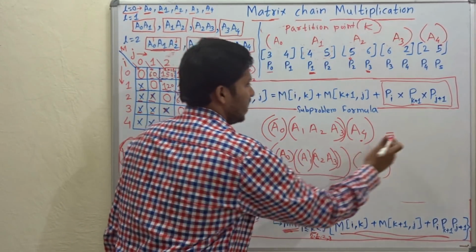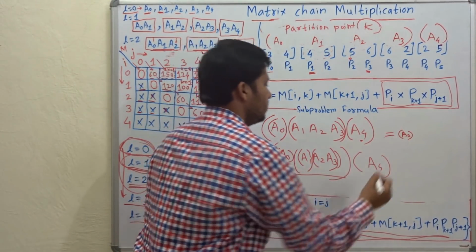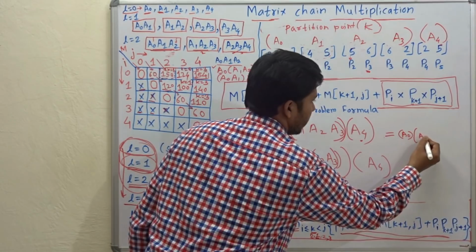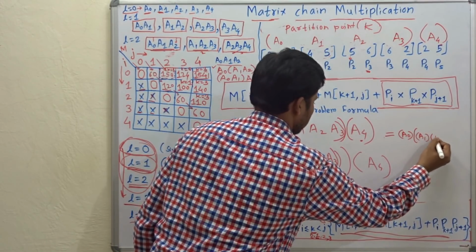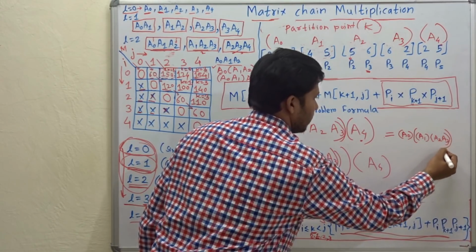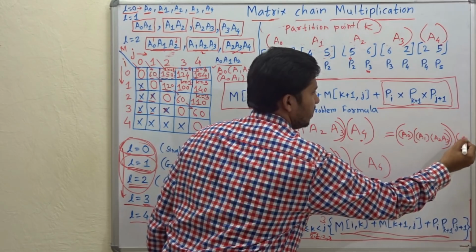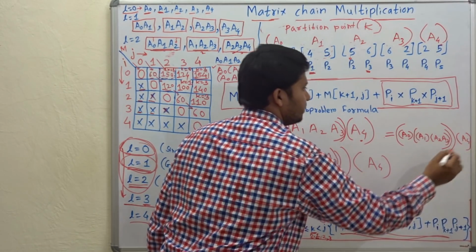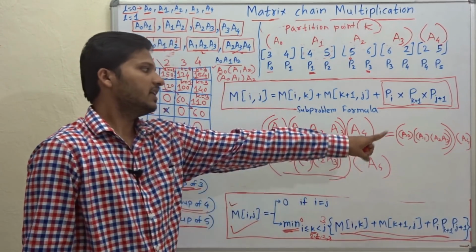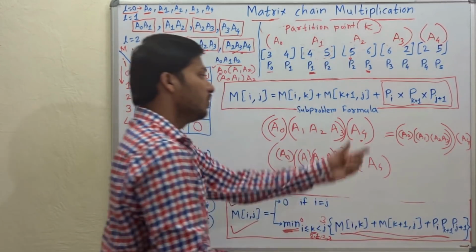See, A0 into A1 into A2, A3. Okay, this is 1, and to the whole you multiply with A4. So that is the partition, and that is the arrangement of brackets.